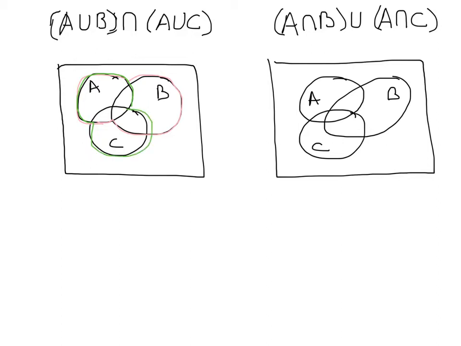I'm trying not to draw too many fill-ins because it's a little bit cumbersome. If I need to, then we will. But in fact, let's fill it in right now. So A union C is everything in there.